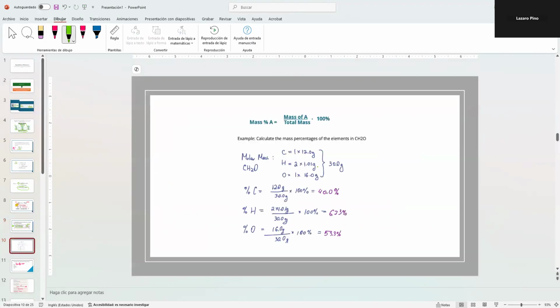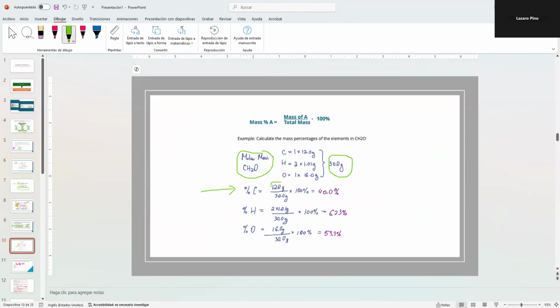For example, here you calculate the molar mass of CH2O. It is 30.0 grams. Then you want to know the percent of carbon in this compound.